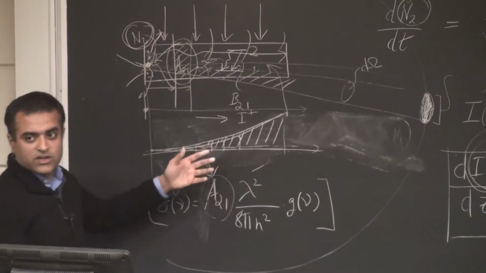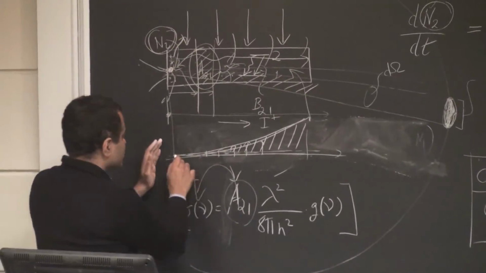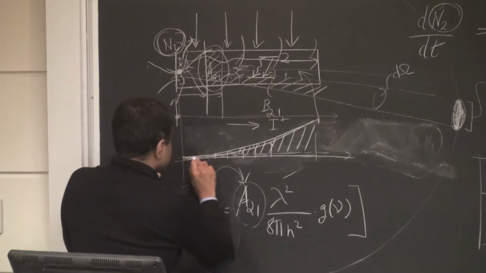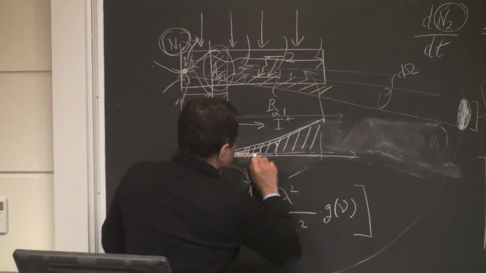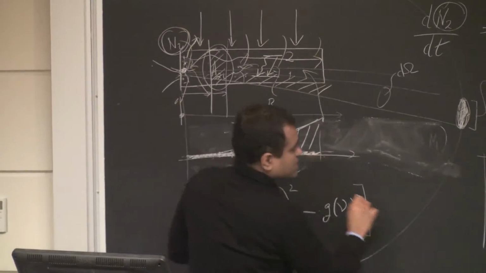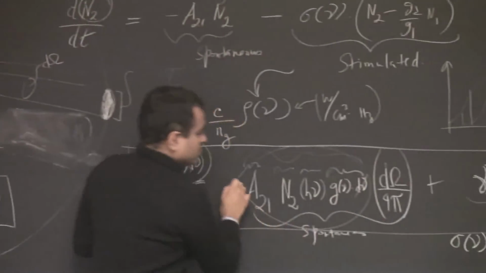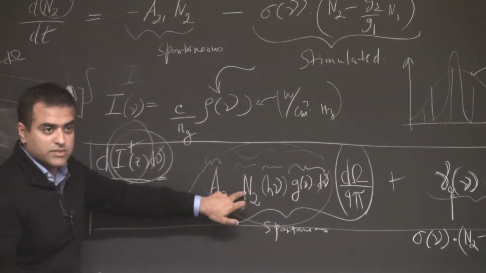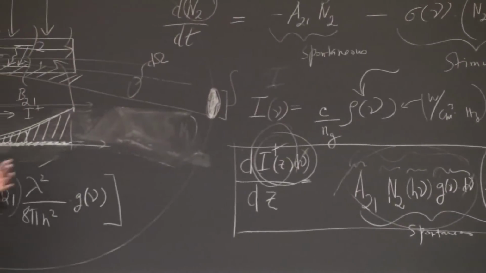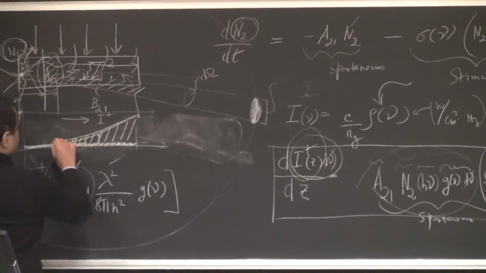Does that make sense? You're amplifying spontaneous emission, which is a background thing that doesn't depend on the intensity. So the light is gaining strength as you go to the right.